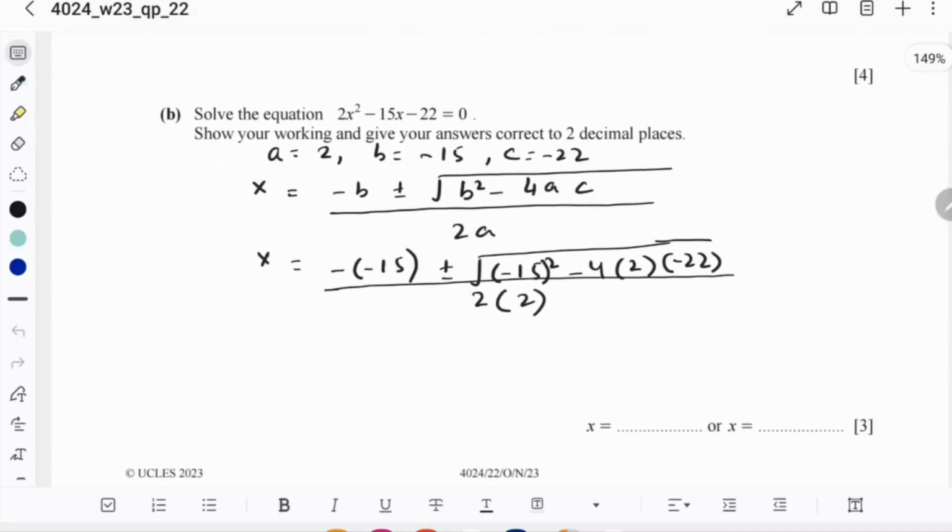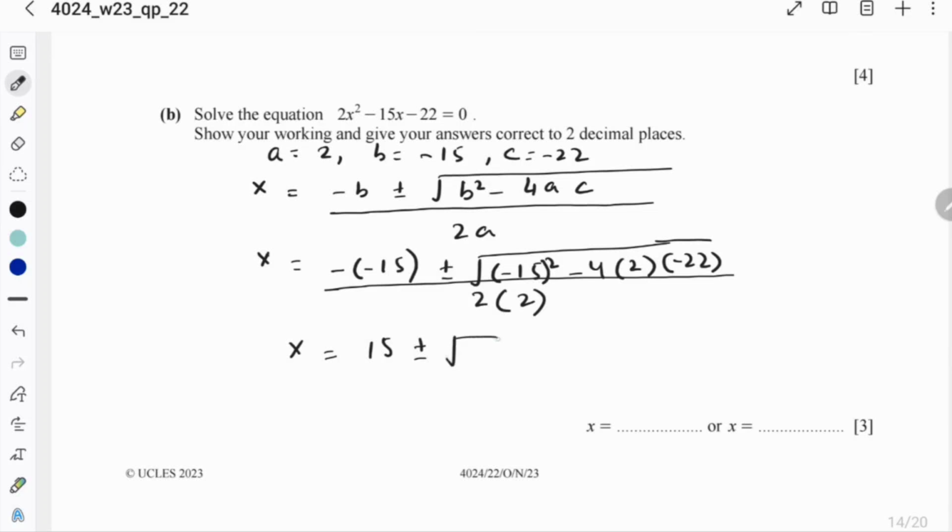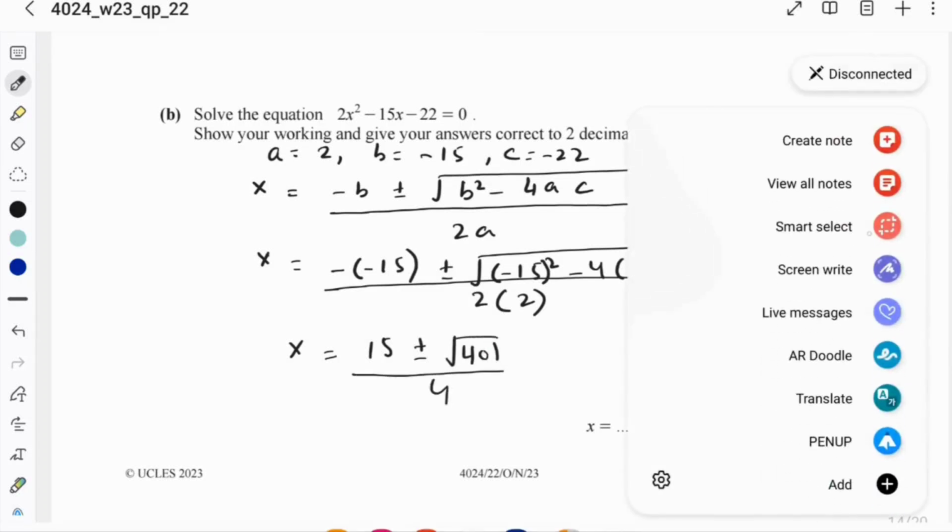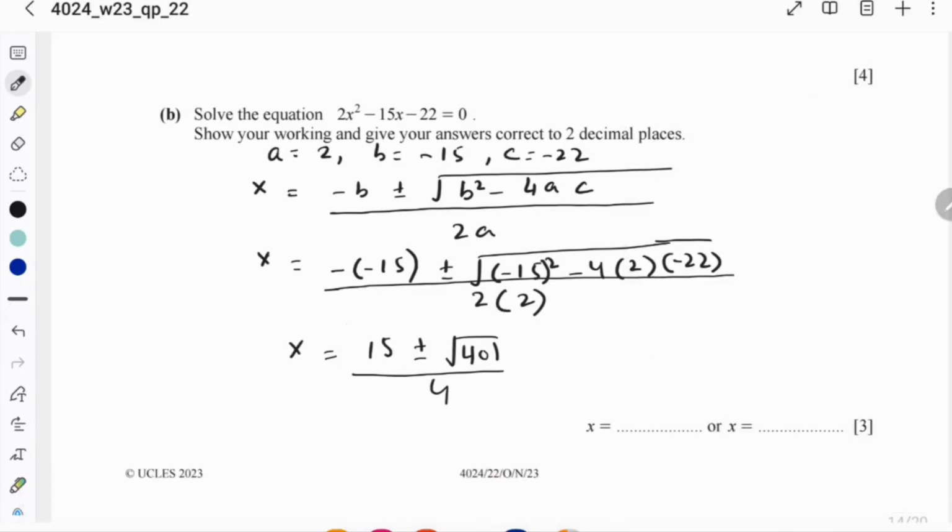So that's becoming 401 here. X equals 15 plus minus square root of 401 upon 4. So you just have to find out 15 plus square root of 401 upon 4 and 15 minus square root of 401 upon 4.